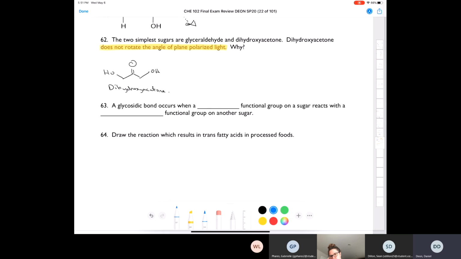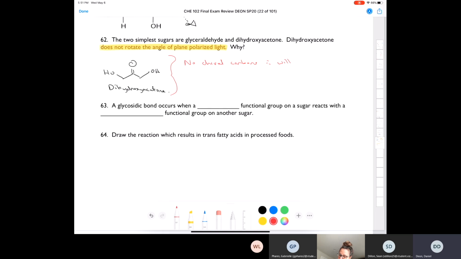There's one thing that a molecule needs, at least one. Starts with C, ends with chiral. Chiral? Yeah, there are no chiral carbons, right? Dihydroxyacetone has no chiral carbons, okay?